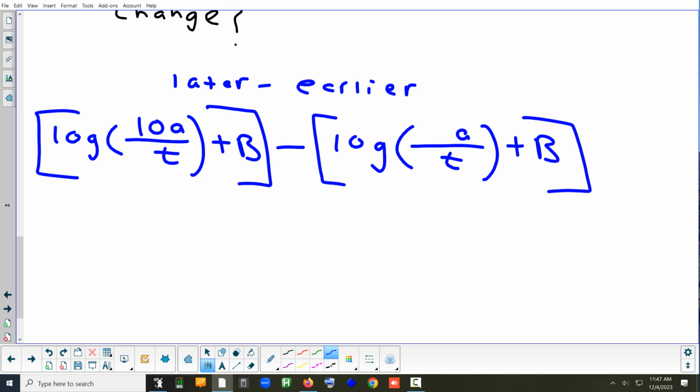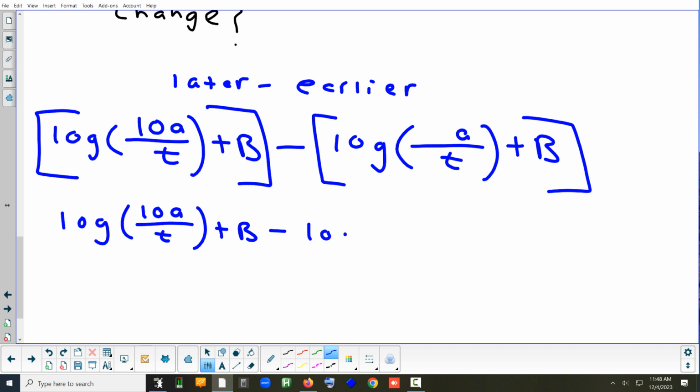Would you change everything on the right side to negative? Yeah, distribute the negative out, because you're subtracting earlier. So you're subtracting everything that's in the earlier part. The later part stays exactly the same.